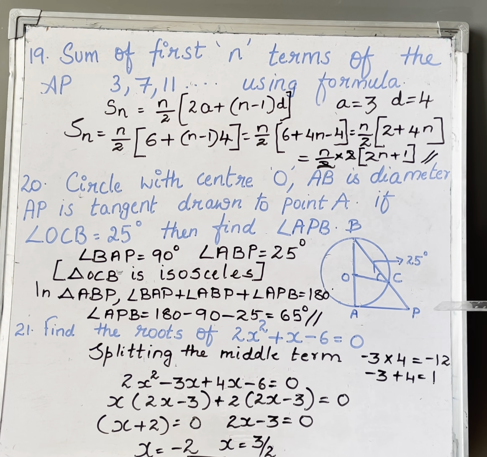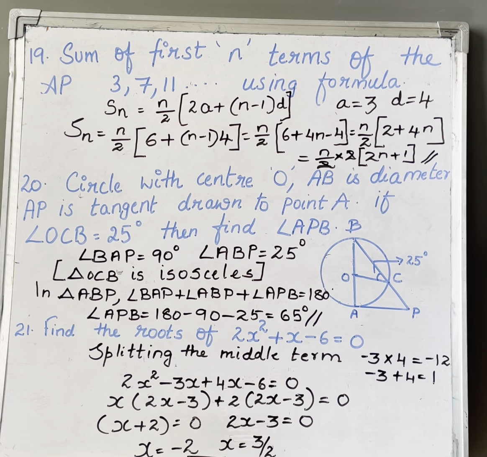A tangent is a line drawn to a circle, touching it at one point, and the angle between the radius and tangent at the point of contact will be 90 degrees. So here we can see that angle OAP should be 90 degrees. And angle OBC will be 25 degrees.